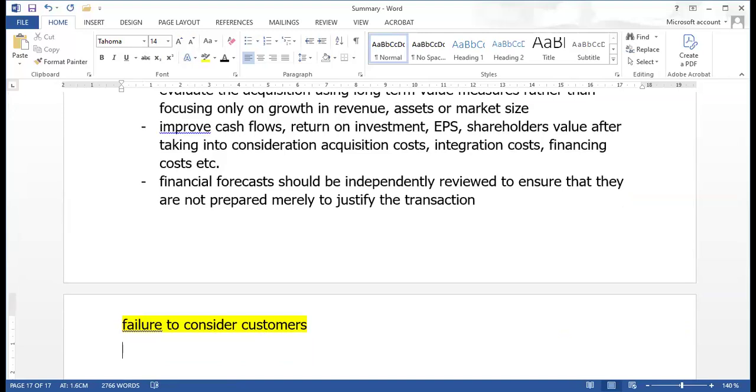The customers of Imbayo hotels may not automatically remain with the business after acquisition. They may be loyal to the existing brand, and they may want to remain with the other buyer.